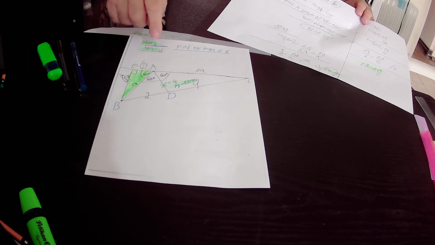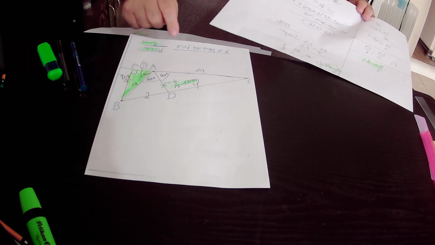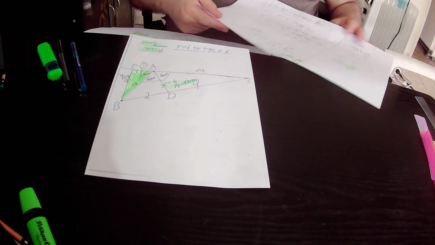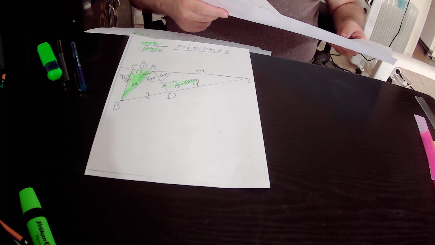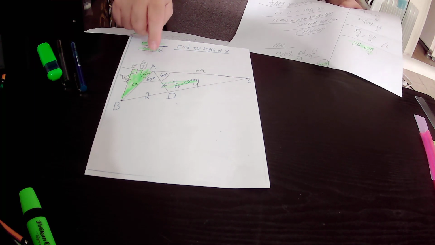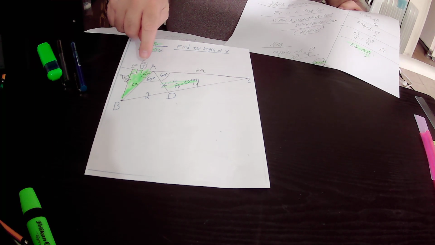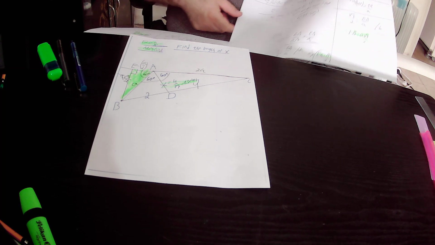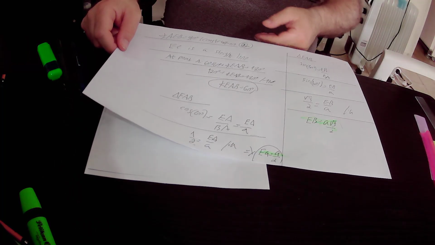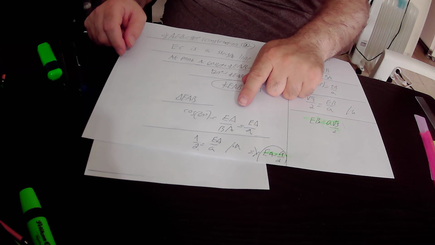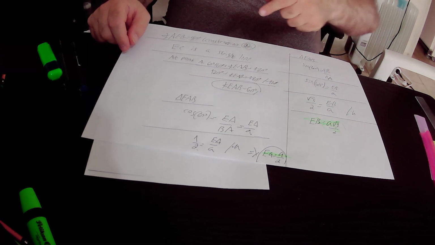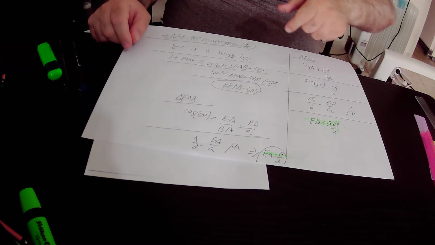Then we focused on the green right triangle, triangle EAB. In it, we know that cosine 60 degrees equals EA over BA.